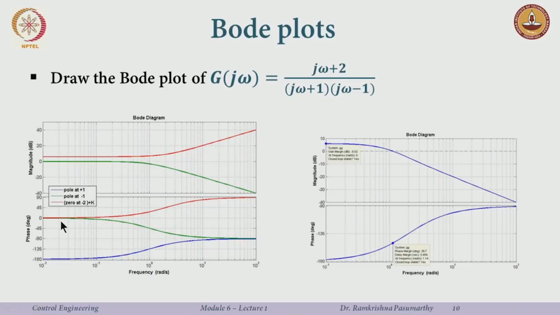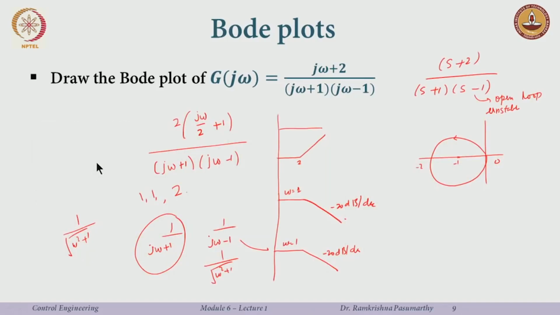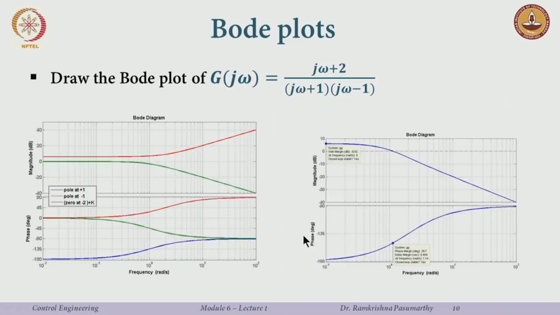Again, a couple of questions which we can try to answer here. Just by looking at the Bode plot, can I say if it corresponds to a stable or an unstable pole? Well, just by looking at the magnitude plot, at least I can say that this is a pole, because the 0 will go up.